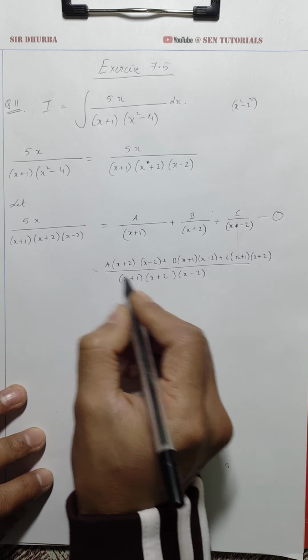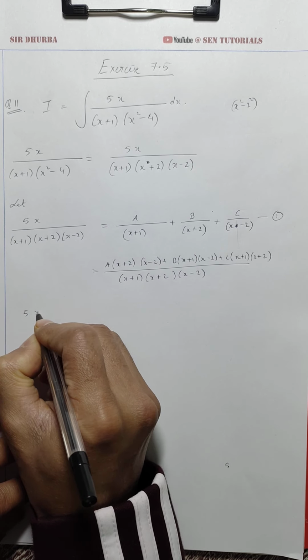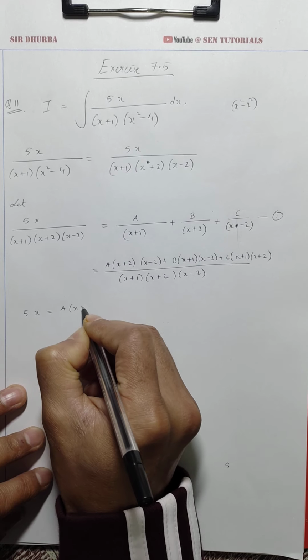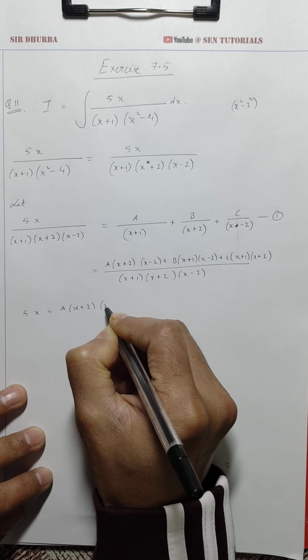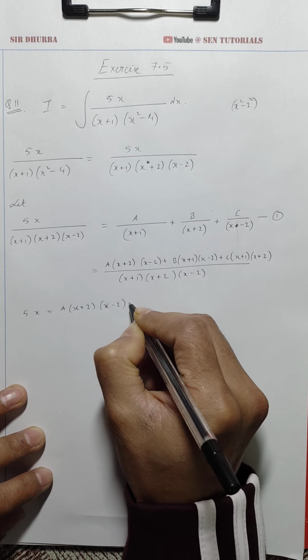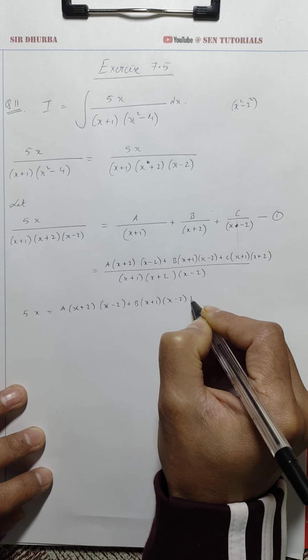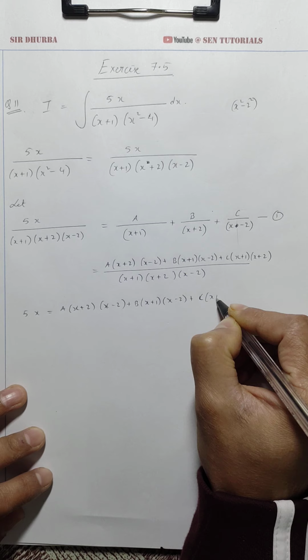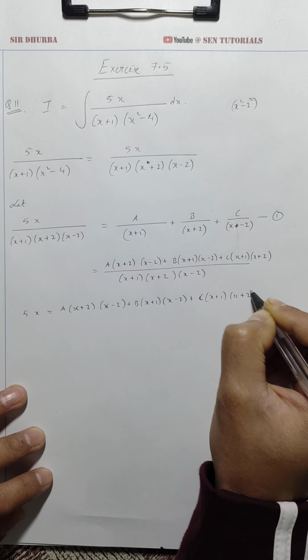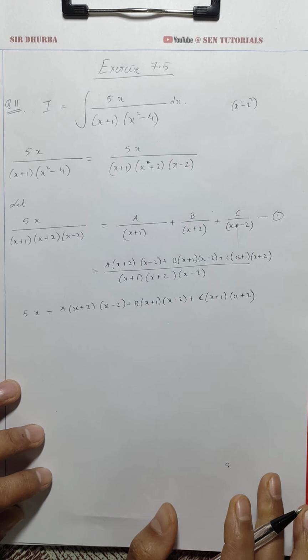So cancelling the denominator on both the sides, we have 5x is equal to a(x plus 2)(x minus 2) plus b(x plus 1)(x minus 2) plus c(x plus 1)(x plus 2). So now let's solve this.